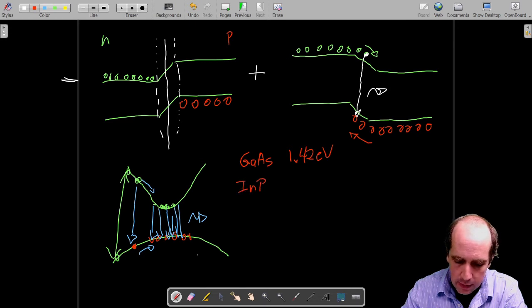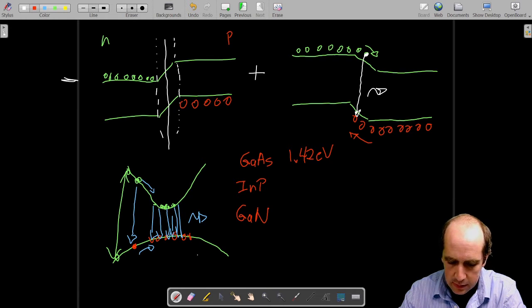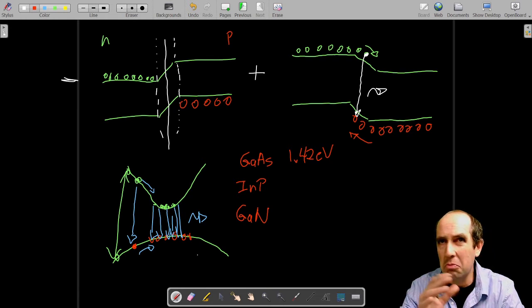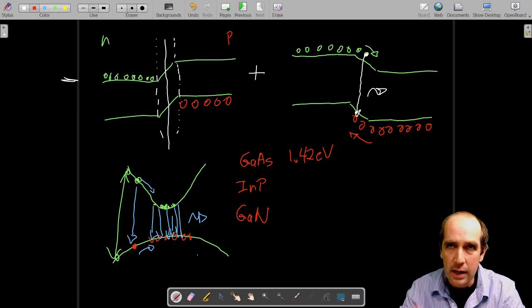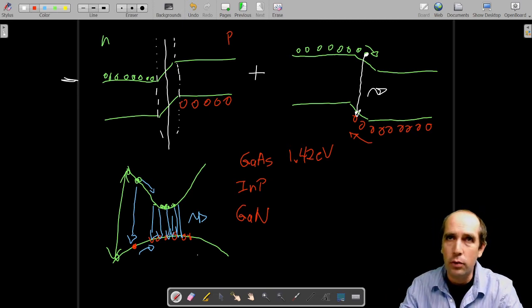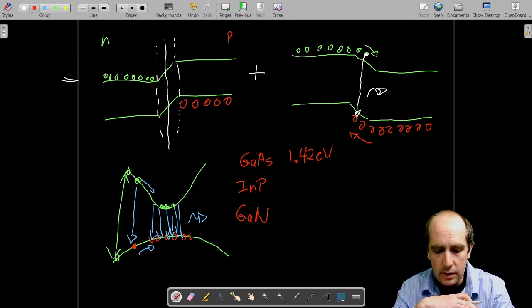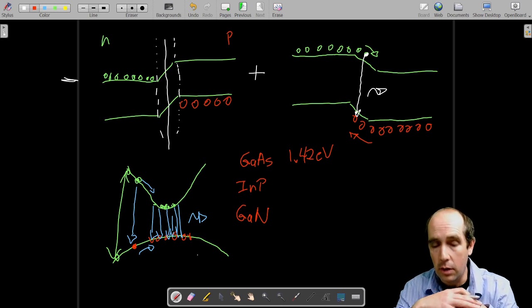You can use gallium nitride, which emits in the blue, right at the edge between the blue and the violet and the ultraviolet. And by doing some alloys there and some tricks, you can push it down to the blue, and so on and so forth. All of these materials, or most of these materials, are 3-5 semiconductors.